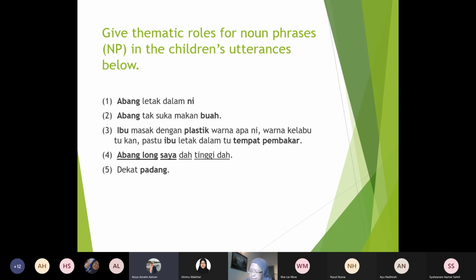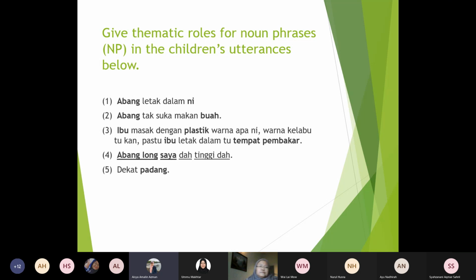Aisyah. Okay. Can I try? Silakan. Okay. So, basically, the first sentence is abang letak dalam ni. Mm-hmm. So, for me, I think that abang is agent. Okay. And I'm confused whether it is location or goal.